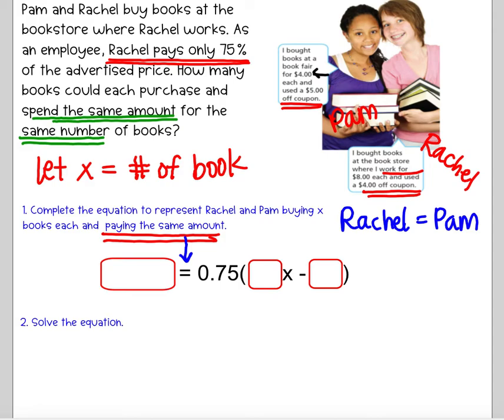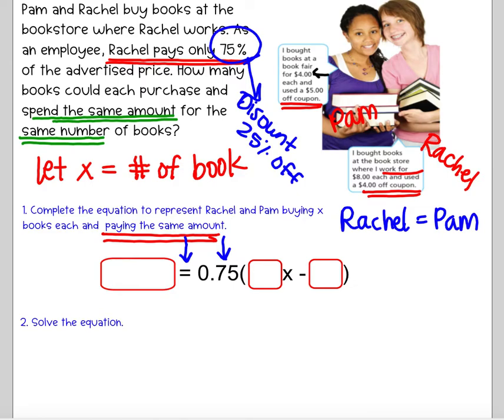Okay, this 75 hundredths, what does that represent? Well, that's the percentage that Rachel pays because she works at the bookstore. She gets a pretty good discount. If she pays 75%, that means her employee discount is 25% off, meaning she pays the other 75%.